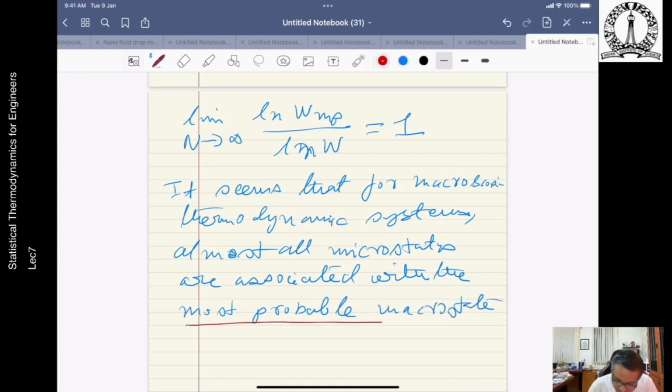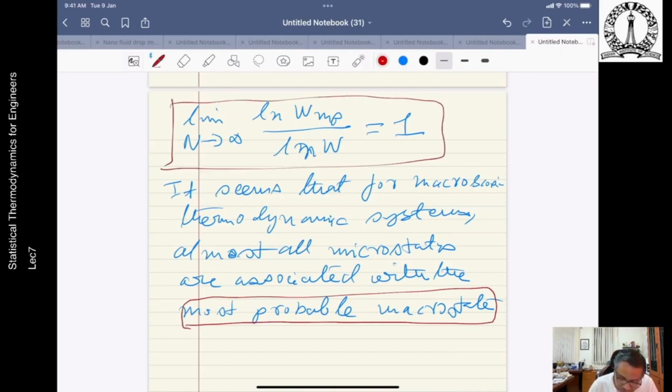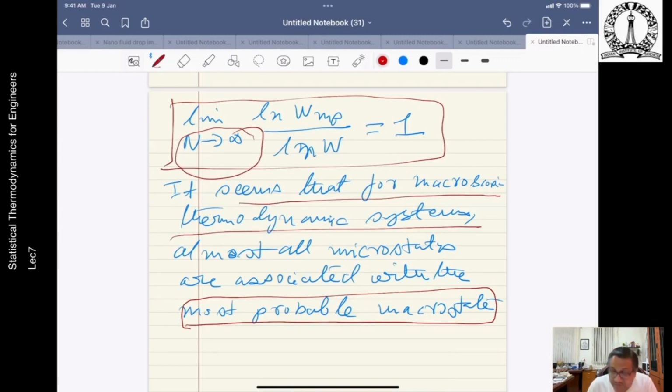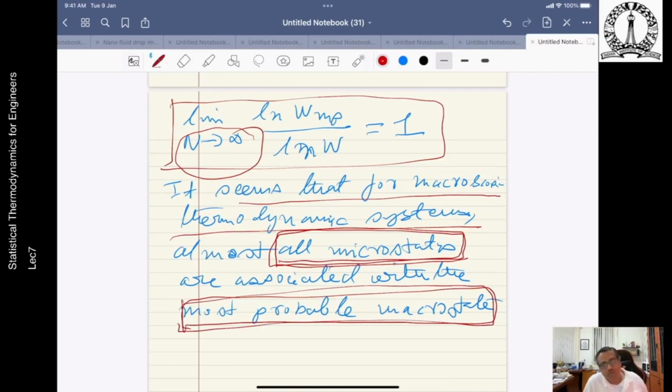So this is the most important inference: because this is true, and because n is pretty large, it seems that for macroscopic thermodynamic systems, almost all microstates, this is the most important part, are associated with the most probable macrostate.